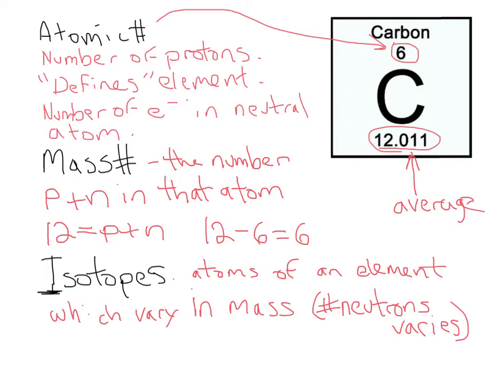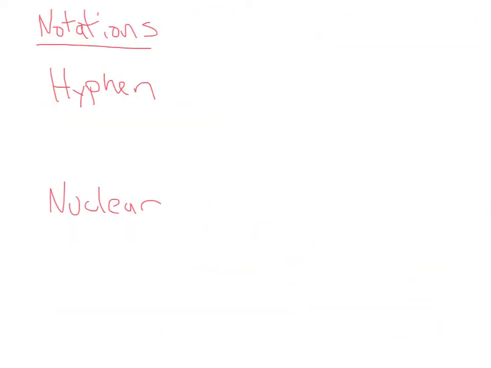So let's take a look at how to calculate these. Alright, so before we can talk about how to calculate the average atomic mass, we do need to understand how scientists talk to each other in a way that they can easily transfer information about the number of neutrons, protons, and electrons in every element. The first type of notation for doing this is known as hyphen notation.